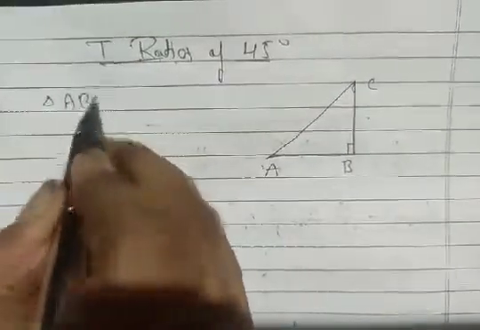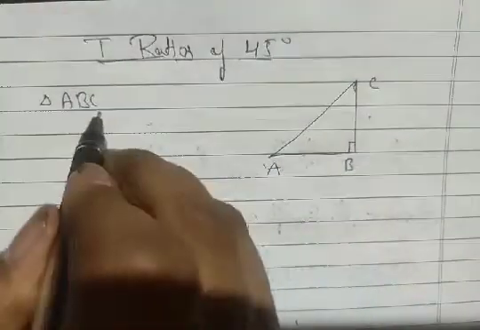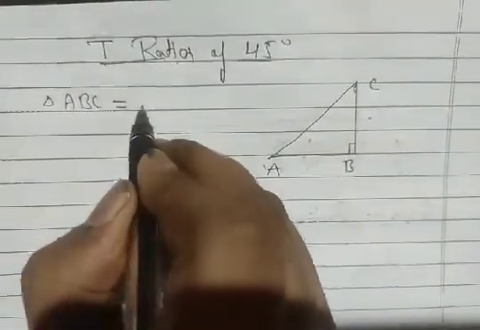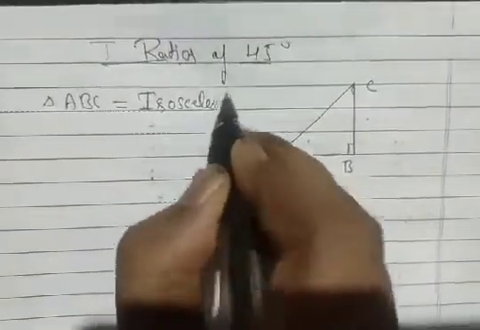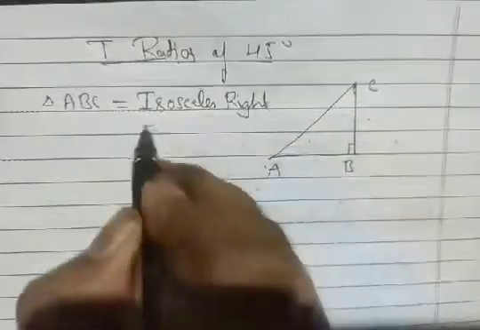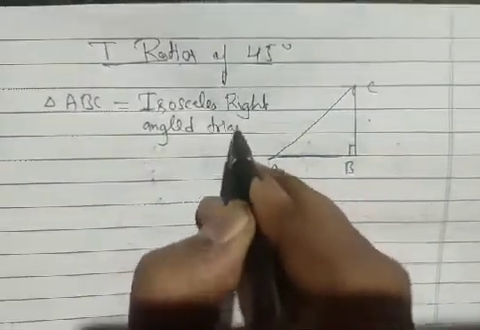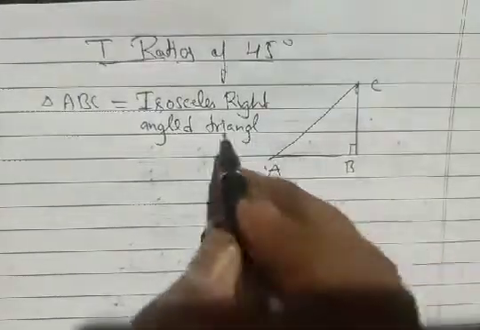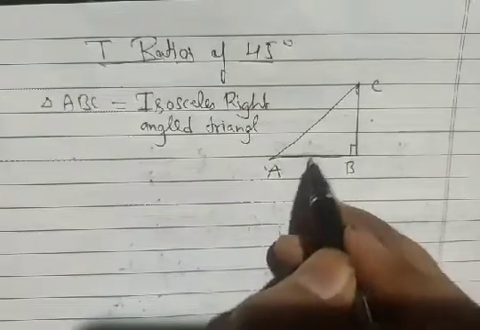But to get the ratios of 45 degrees, we need one of the angles to be 45 degrees. So we have taken an isosceles right angle triangle ABC.